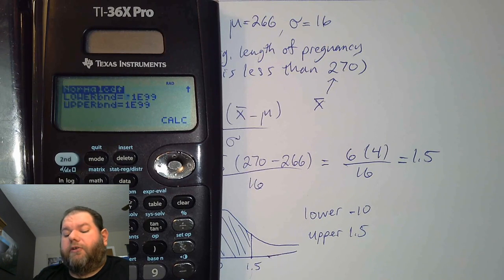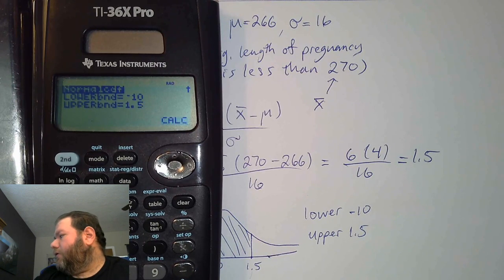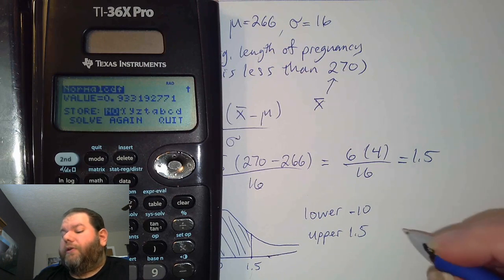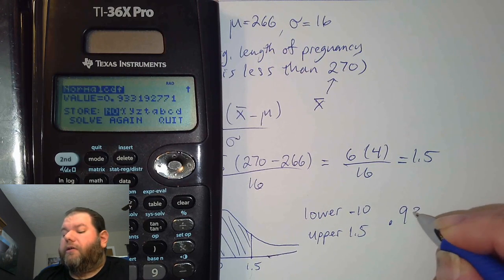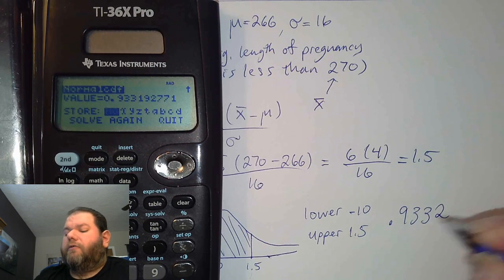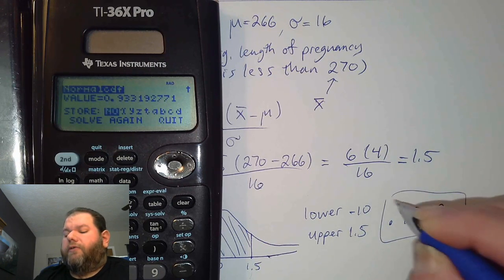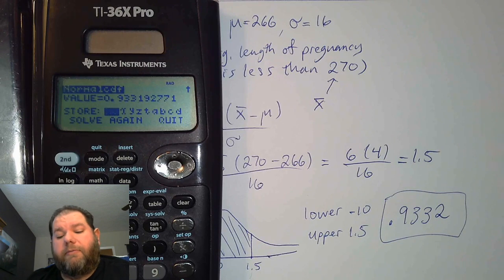And we said our boundaries were negative 10 and then 1.5. Calculate, and that is 0.9332. Well, we'll round to 4 decimal places every time we find an area.